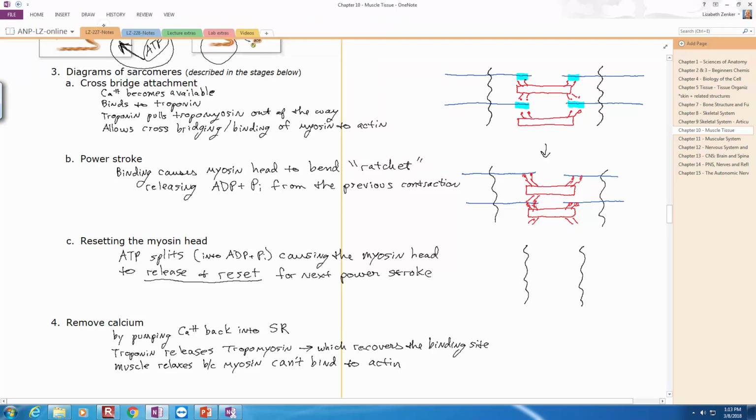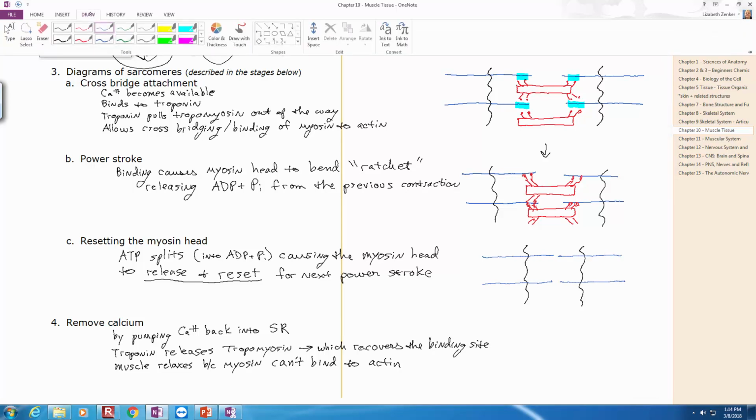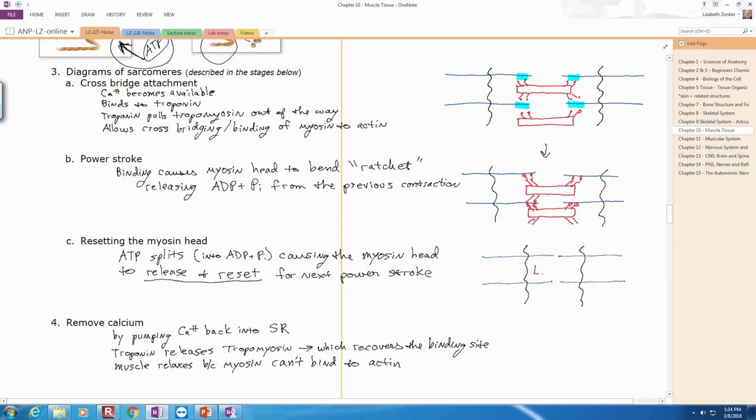And our actin is going to overlap because it got pulled in, but it's the same length as it was before. And our myosin, okay, so when it pulled it in, I'm kind of making my heads look like they've ratcheted in and they're still stuck in this position.